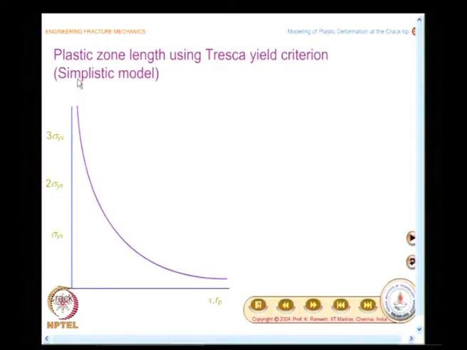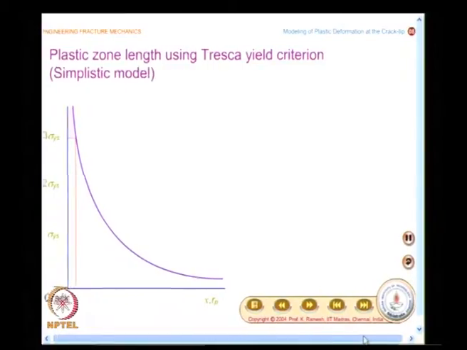So, what we will do in the simplistic model is just pick out that point from this graph and say that is the length of plastic zone ahead of the crack. So, the approach is simple and straightforward, but it is not strictly correct.